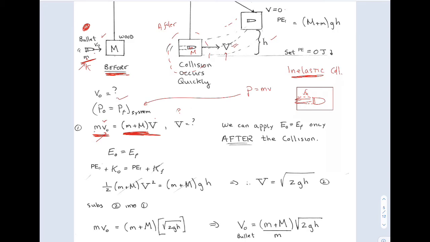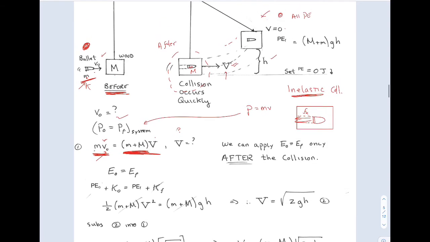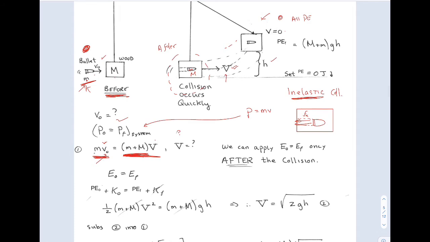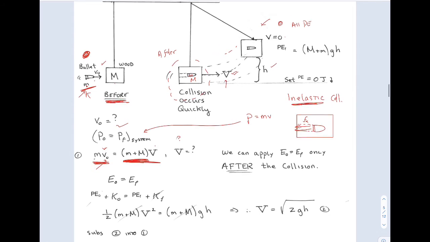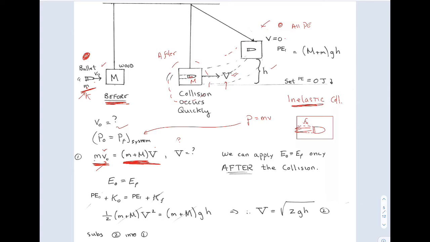When you're done, the drill bit gets really hot, the block of wood gets hot. Or just take your finger and rub it really fast on the table, your finger's going to get really hot and start to burn. So most of the kinetic energy of the bullet is lost in the form of heat in drilling the hole. So this kinetic energy here is not equal to the potential energy there.